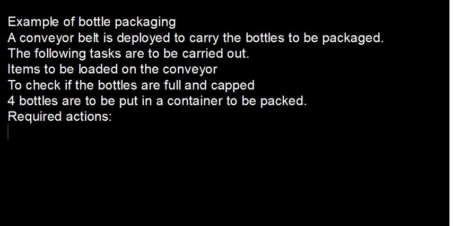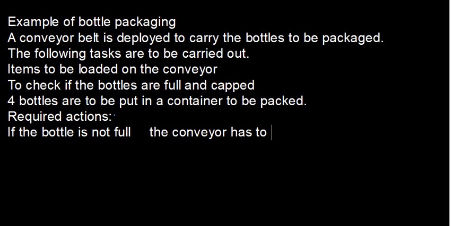So what are the actions? You can just see here, if the bottle is not full, due to some reason the liquid level in the bottle has not come to the expected mark, then what?